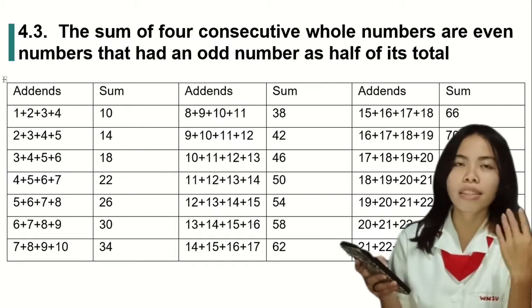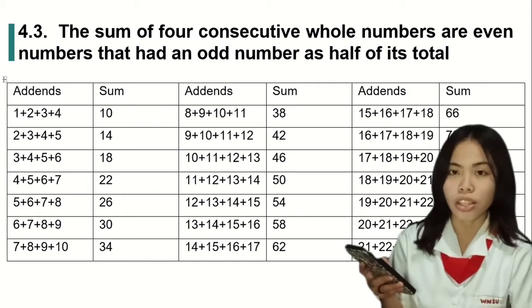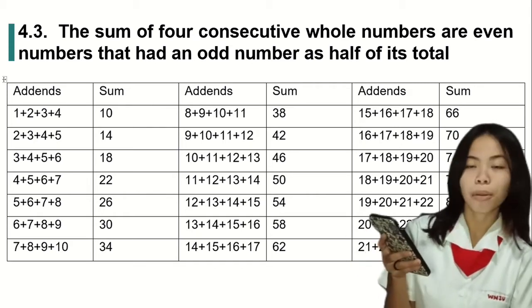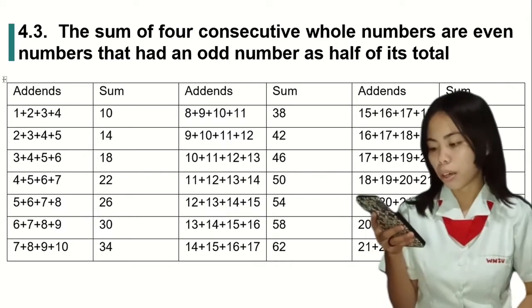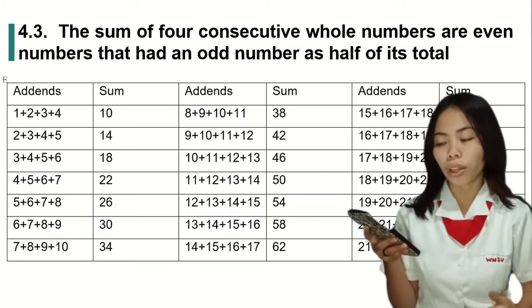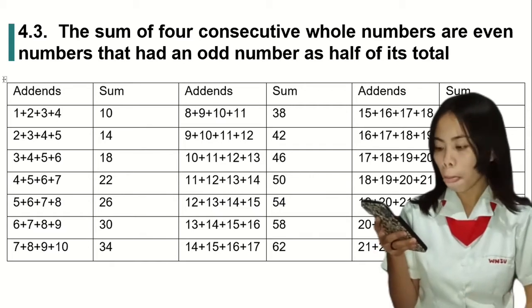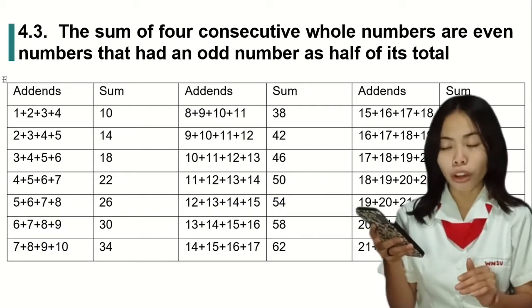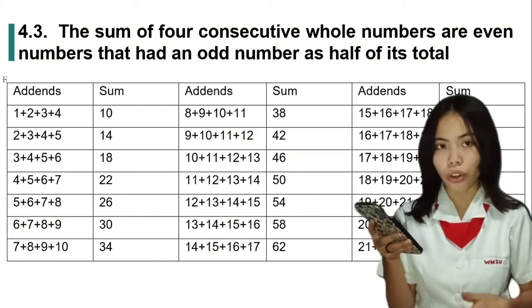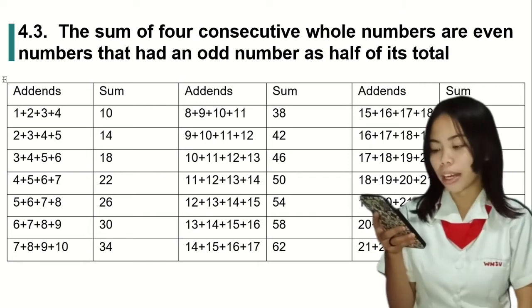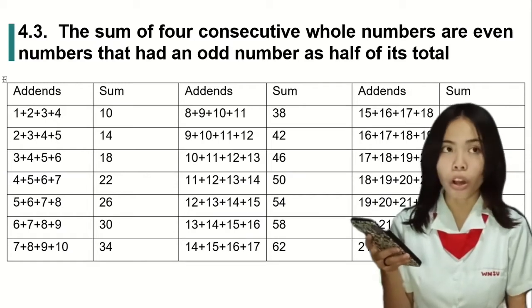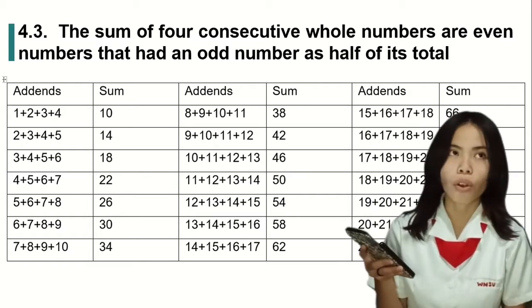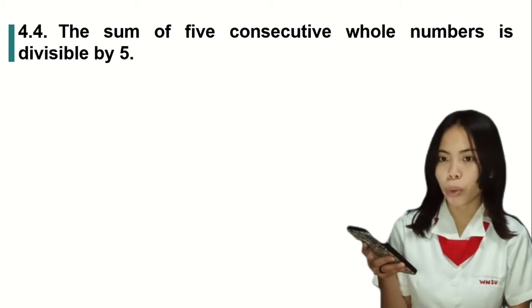So each sum is increased by 4. We discovered that the series of numbers 10, 14, 18, 22, and 26, and so on, may be obtained by adding 4 consecutive integers. Each of these has an odd number as half of the sum. Moreover, there is a difference of 4 between their sums.